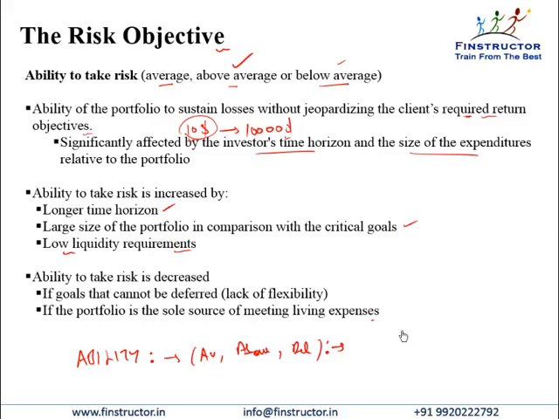If the section has 2 points or 2 minutes assigned, then just write above average, average, or below average, and probably give 3 or 4 words or a one-line explanation. If it has 4 minutes assigned, then you can give 2 points to substantiate your ability. But generally, one small line to substantiate why the ability is high, something like high portfolio size or low requirements, long time horizon, is enough to substantiate your answer for the ability.